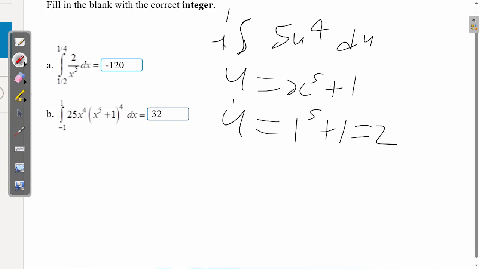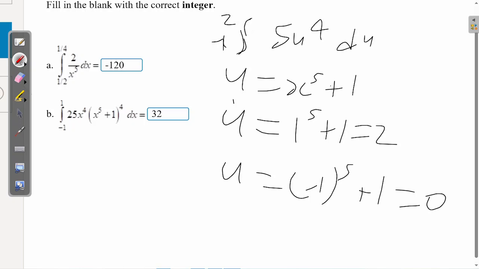The same for negative 1. u is equal to negative 1 power 5 plus 1 equals 0. Instead of 1 I put 2, and instead of negative 1 I put 0. Now we can integrate and solve. So the integral of 5u power 4 will be u power 5 from 2 to 0.